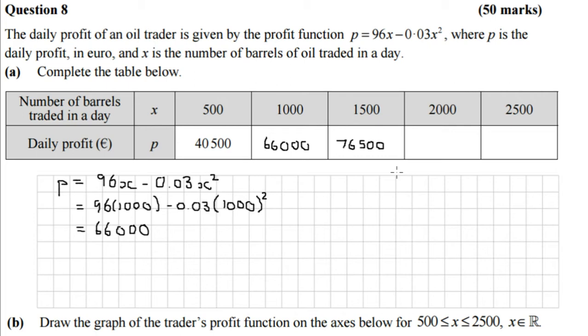For 2000 then, going to get 72,000. And then finally for 2,500. And as you can see here, I'm not showing my working out here. You wouldn't have to do it for all of them. So there's the profit when x is 2,500. And that's part A completed.